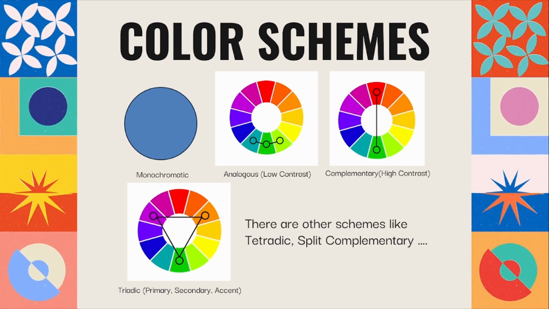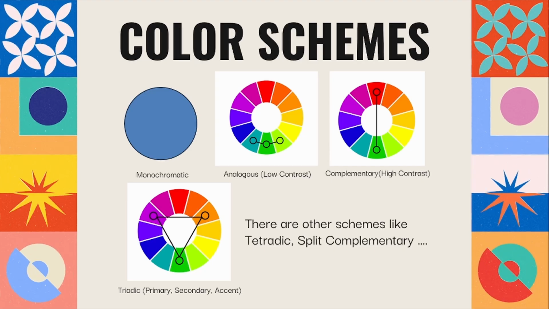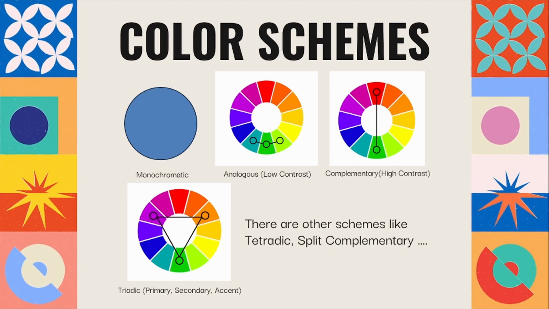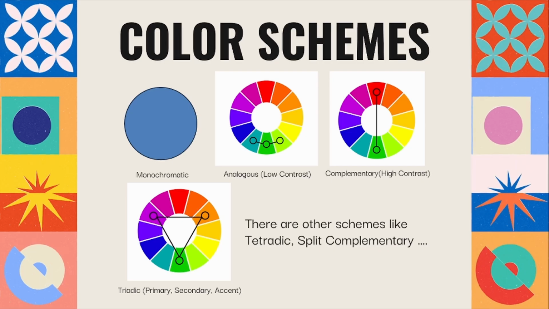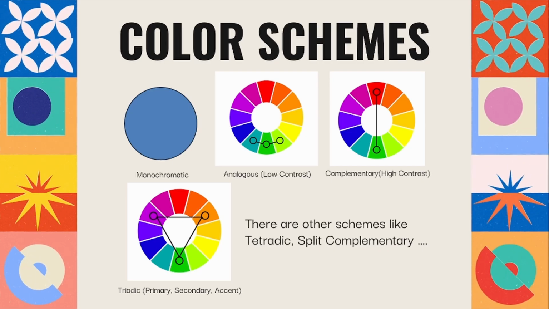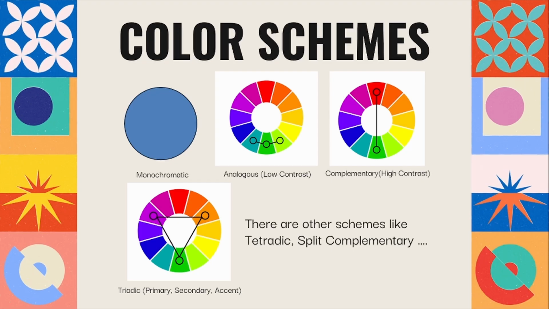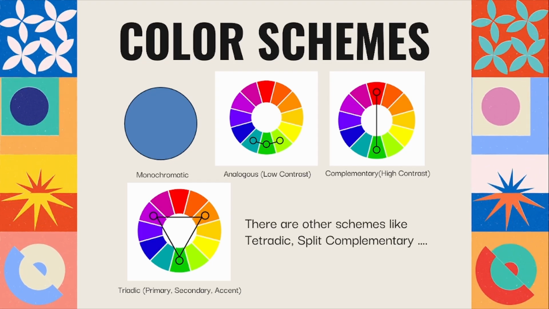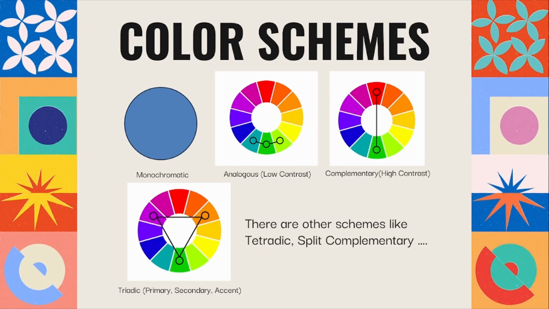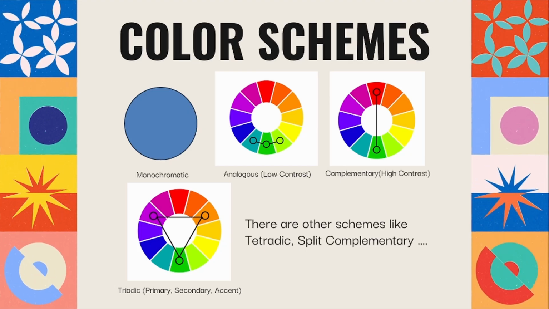So if a design looks good to you, there's a very high probability that the person actually picked a good combination of colors. You don't need to want to do a design and start thinking, do I use analogous? Do I use complementary? These are just things I'm explaining so you don't sound ignorant as a designer when someone else mentions it in a conversation.